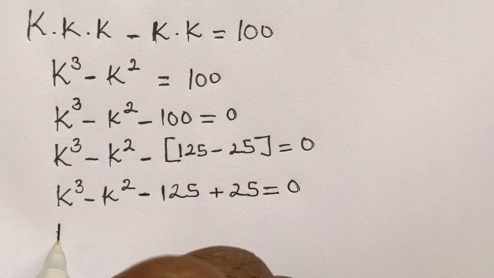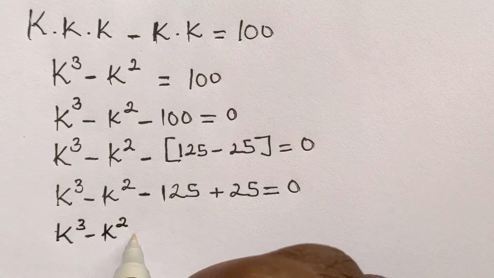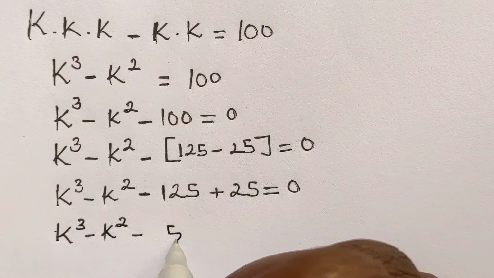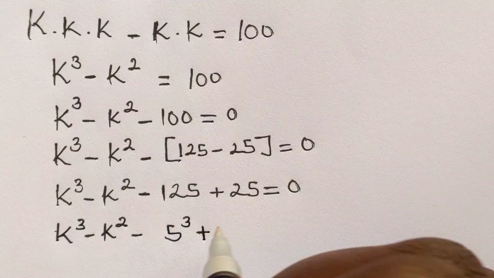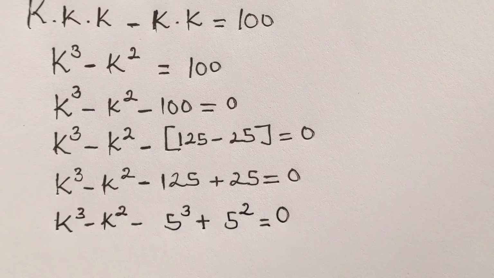And we know that here k to the power 3 minus k squared, then minus this 125 can be written as 5 to the power 3 plus 5 squared, which equals 0.